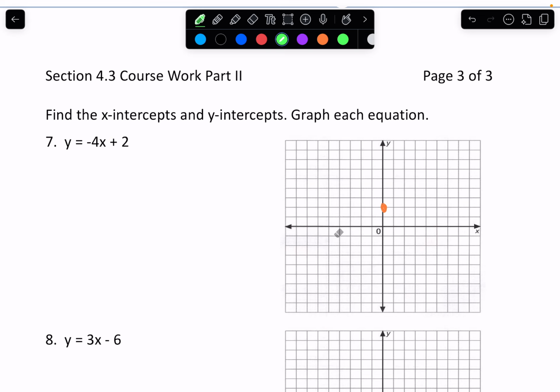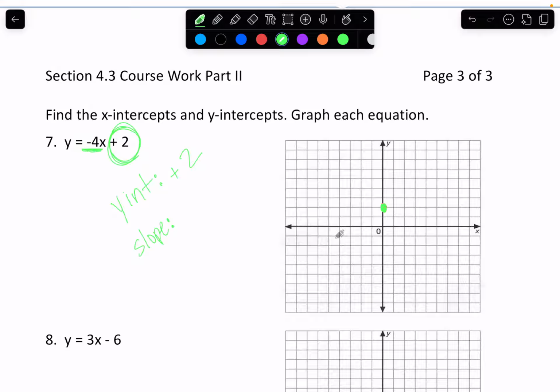All I need are the y-intercept and slope. All right. Circle the y-intercept. +2. Okay. So I know it needs to hit the y-axis at +2. There we go, right there. What is our slope?